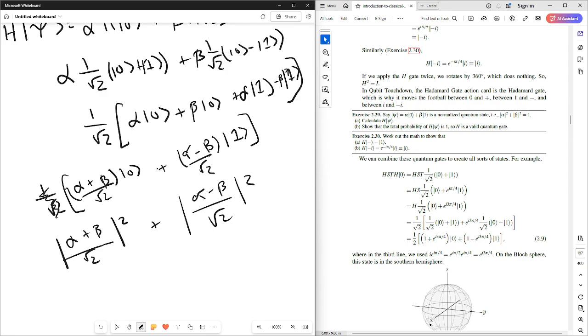In the norm square we would be multiplying by the complex conjugate.